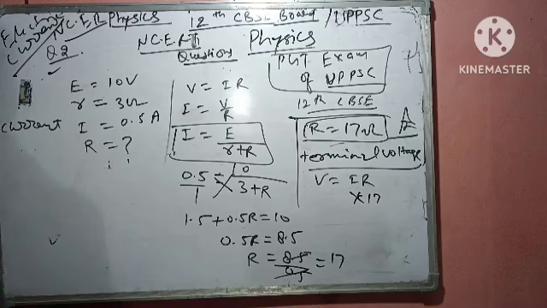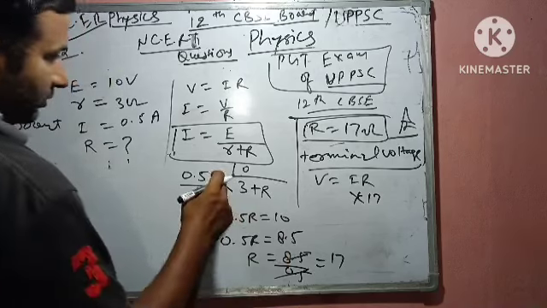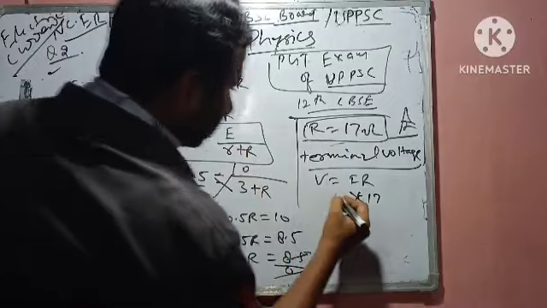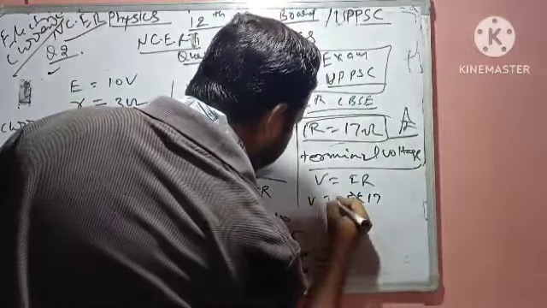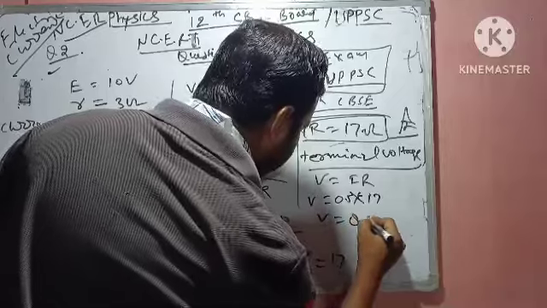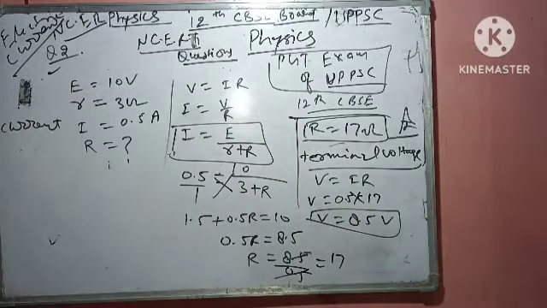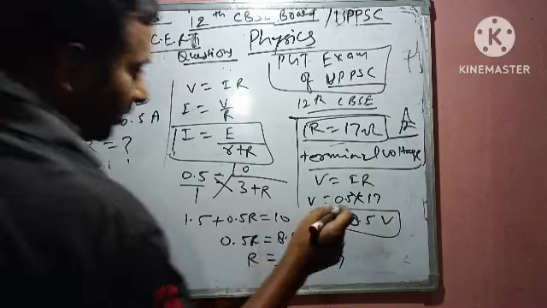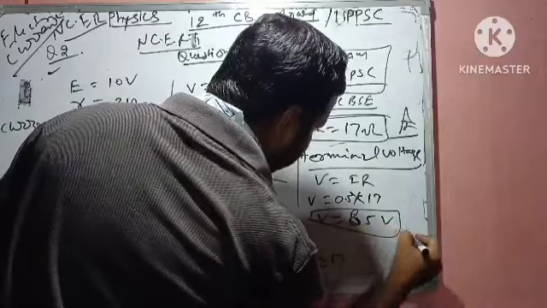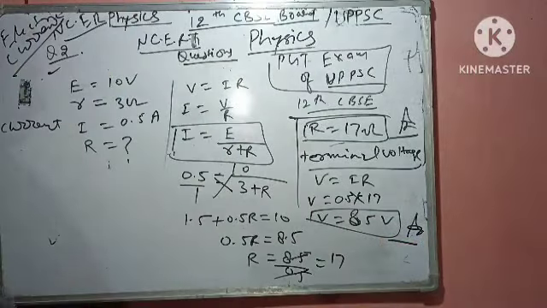I is 0.5. Then V is equal to 8.5 volt. This is your answer, 8.5 volt.